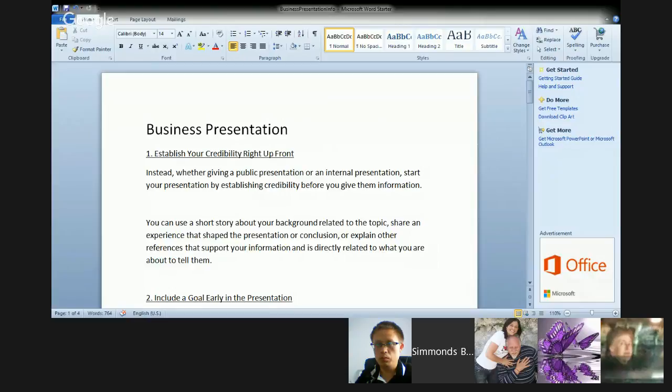You can use your background related to the topic, share an experience that gives the presentation or conclusion, or explain other references that support your information and is directly related to what you're about to tell them.